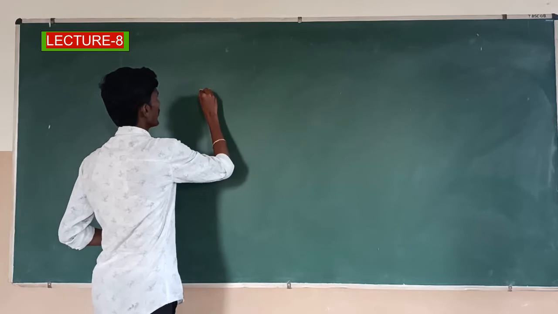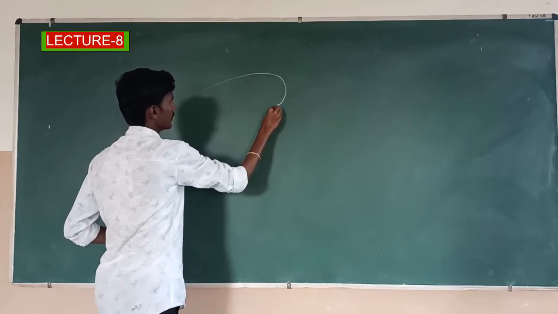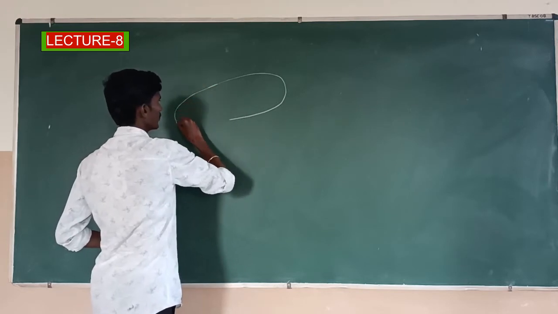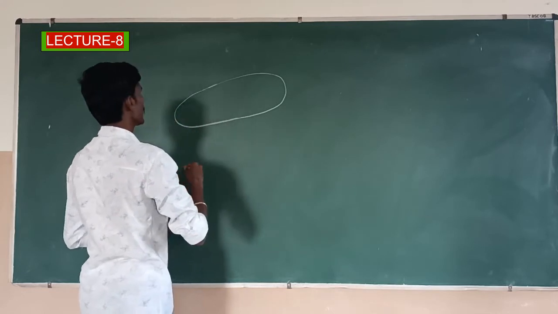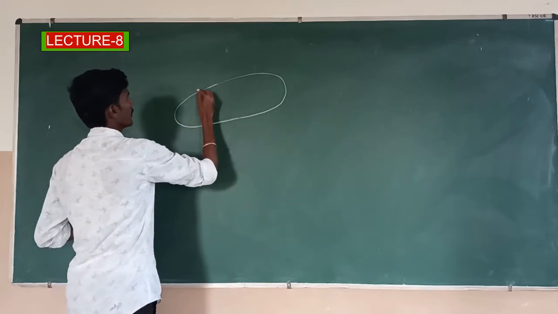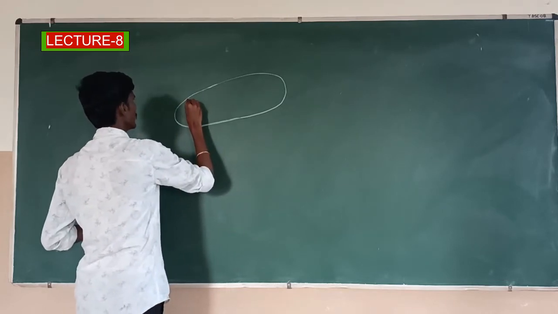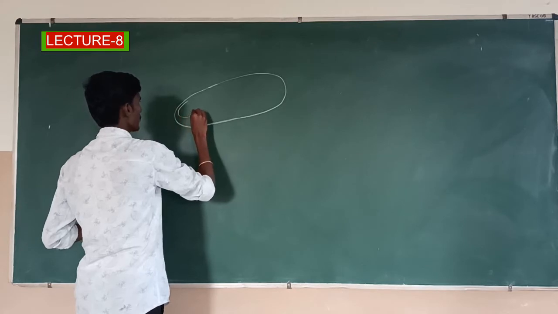This is the prokaryotic cell diagram. This is the bacterial diagram. This is called the cell wall. This is the plasma membrane.